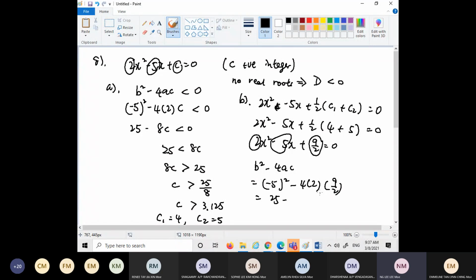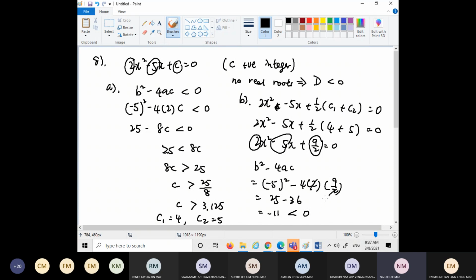This is 25. Okay, -11. It's still smaller than 0.